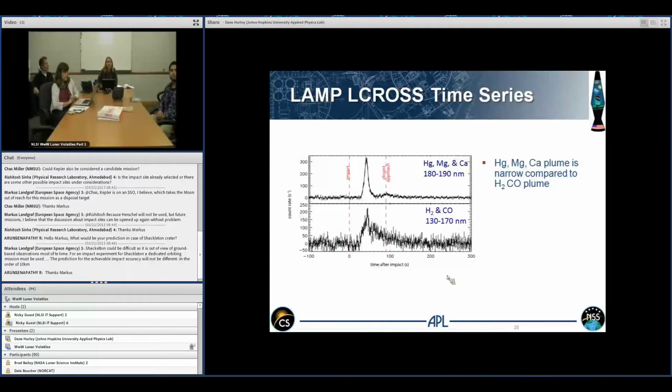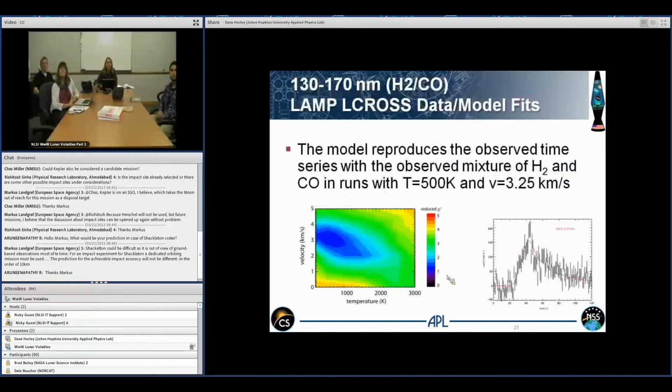But then when you go to the other light curve, the one that's comprised of molecular hydrogen and carbon monoxide, you can see that it's a much broader signal. So we can use this information to help us narrow down the temperature a little bit better.